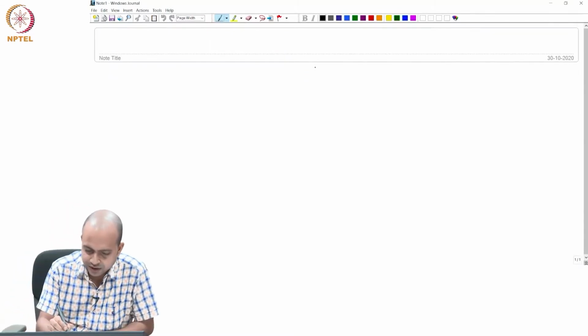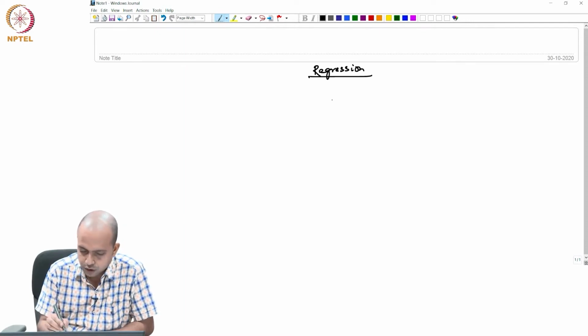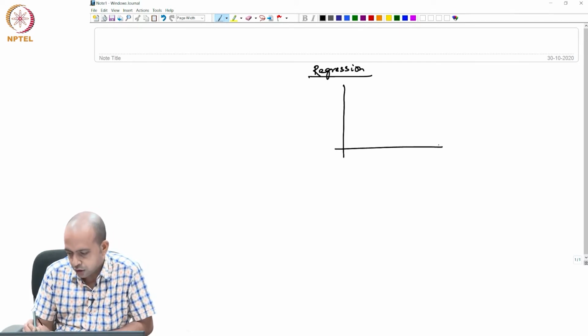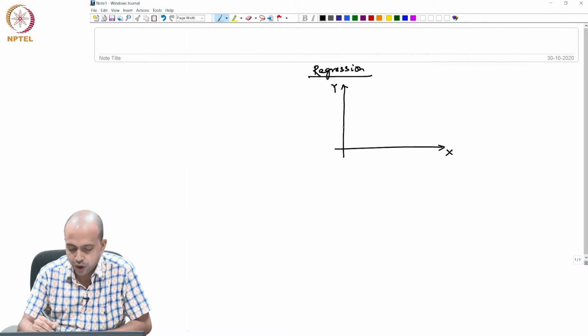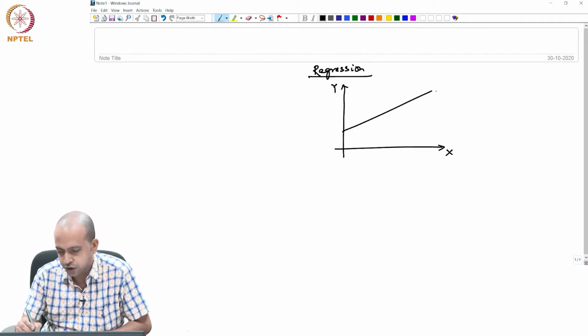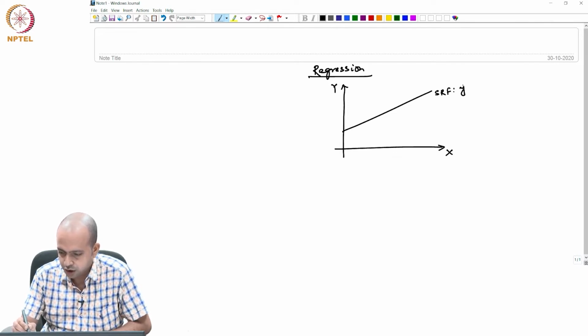So, this is basically the regression what we are discussing. Let us say this is our x in this axis, here we are measuring y, this is our regression line SRF, sample regression function, which is basically y i hat equals alpha hat plus beta hat x i.